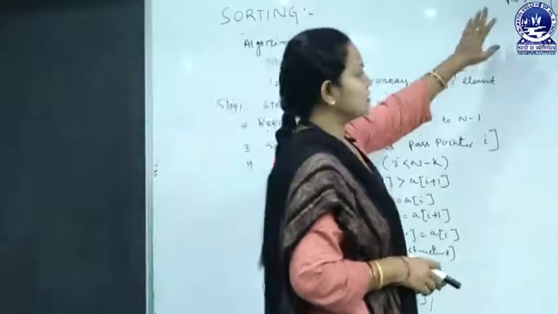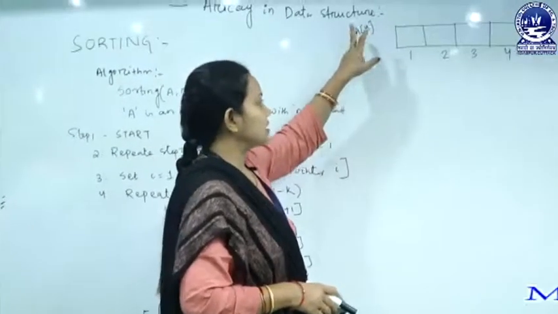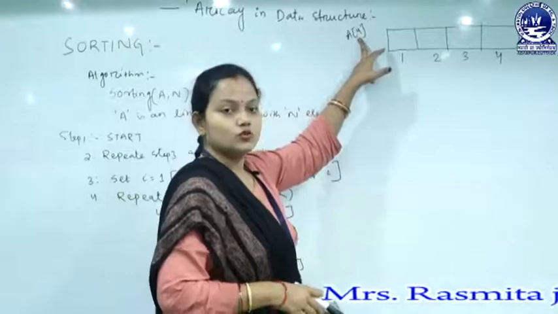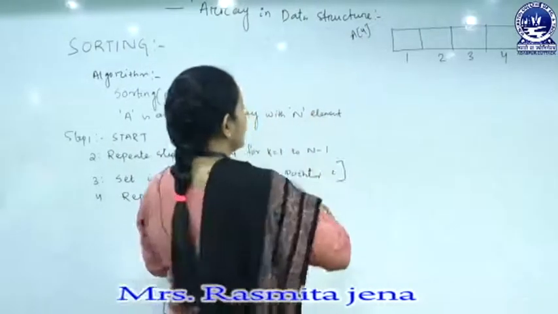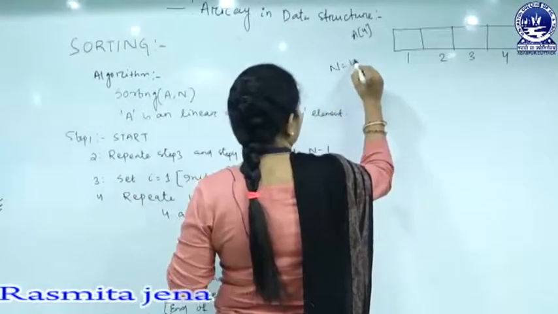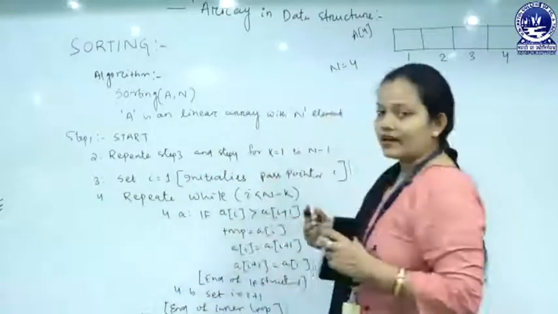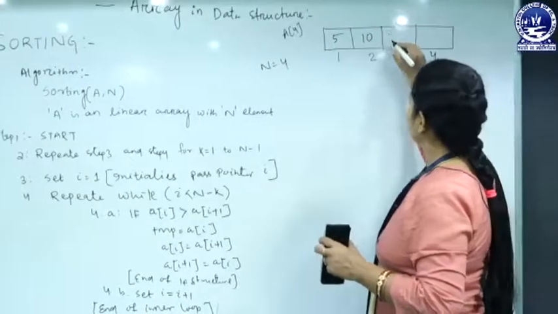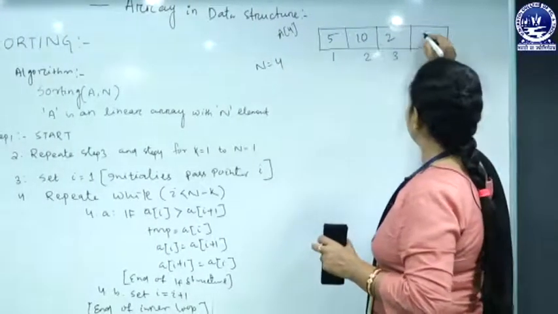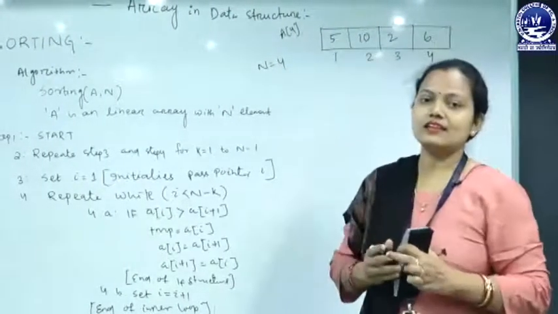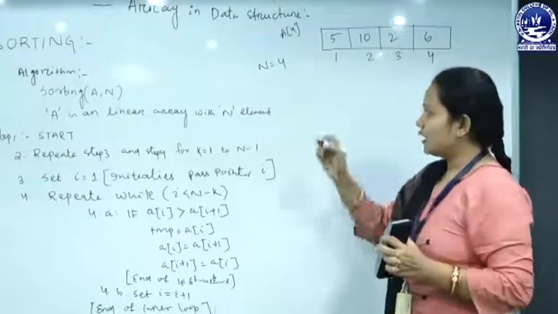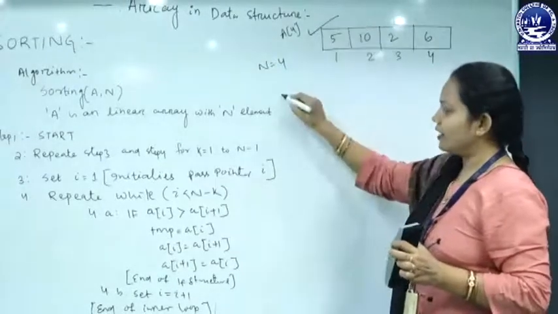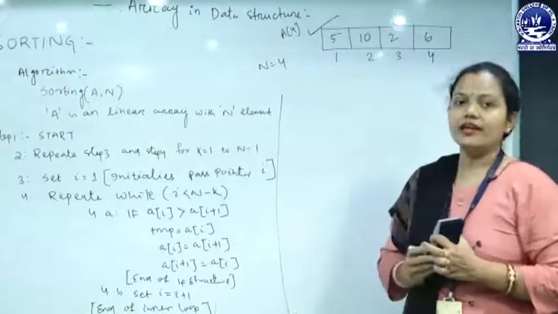Suppose this is the array A and the size of the array n equals 4. Suppose the array contains elements like 5, 10, 2, 6. Now we will sort these elements by using the sorting algorithm.